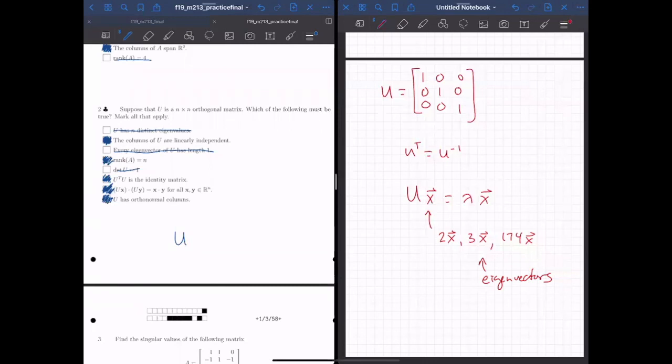Orthogonal really means two things. It's n by n, so it's a square matrix, and it has orthonormal columns. If those two things are true, then your matrix is invertible, and the inverse is just equal to the transpose. Okay. Gotcha. Thank you.